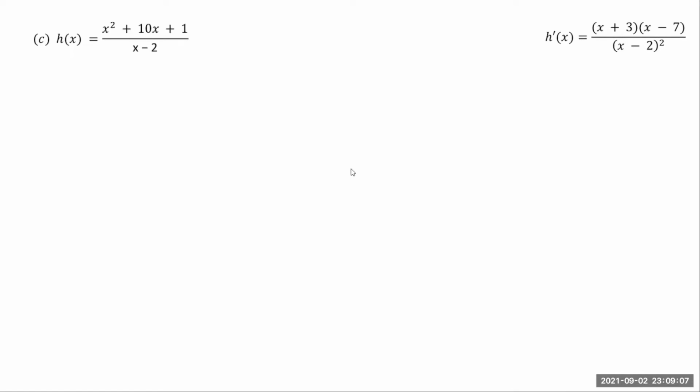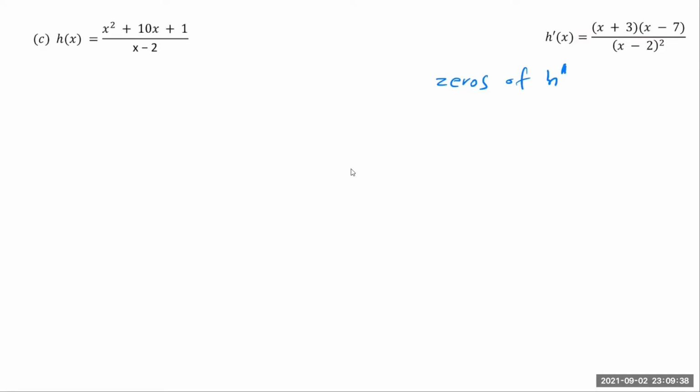I know that my derivative, h prime of x, can change sign only at its zeros, discontinuous points, or undefined points. Here, what are the zeros of h prime of x? How do you find the zeros of this rational function?